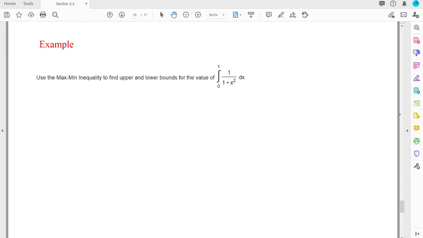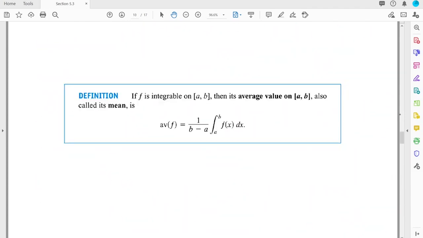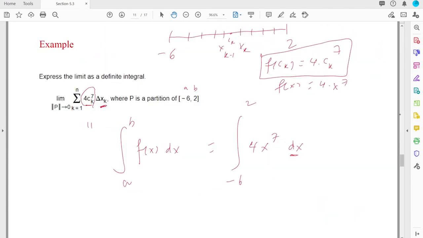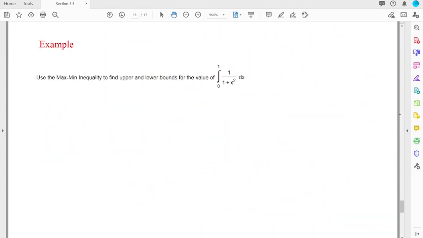Okay, use the maximum minimum inequality to find upper and lower bounds for the value of this integration. So remember this table here we discussed. If you have a function whose maximum value and minimum value is known, then this definite integral can be bounded by the minimum value of the function times b minus a, and the maximum value of the function times b minus a. So we just need to find out the minimum and maximum value of this function.